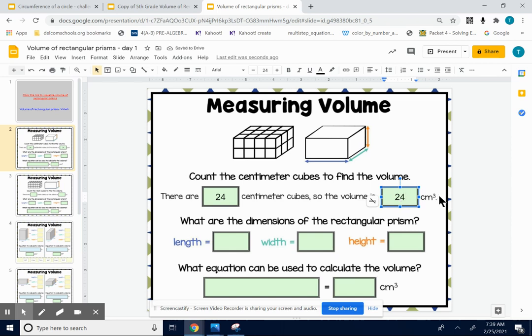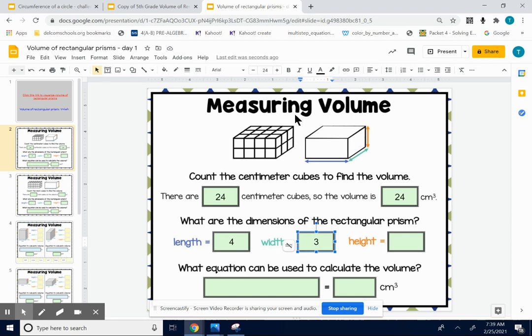That little 3 means cubes. We're counting cubes. And for the dimensions of the rectangular prism, we said the length and the width come from the base: the length of 4, the width of 3. The height is how high it is.